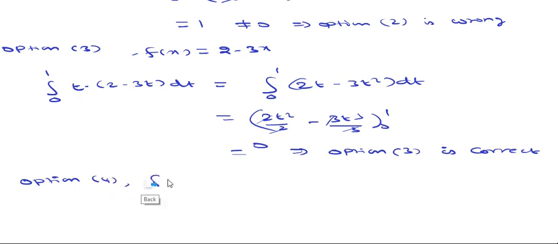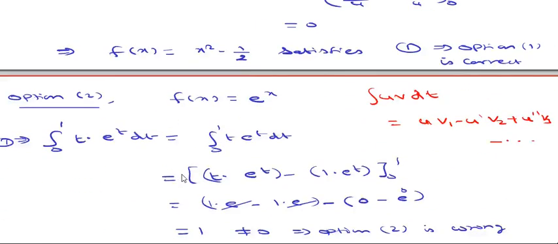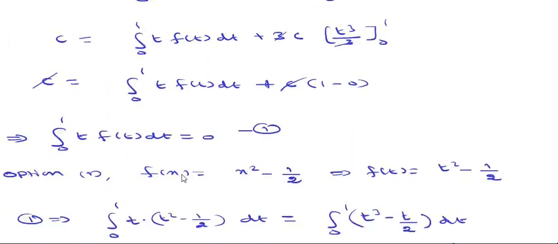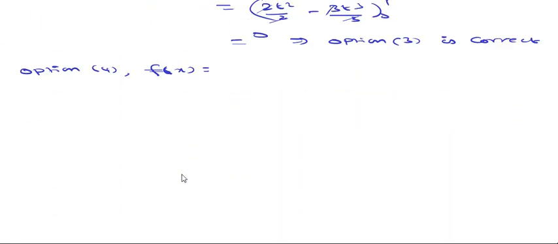Now regarding option 4, what is f of x? f of x is x minus 1, and the integral 0 to 1 of t times f of t, which is t minus 1, dt.